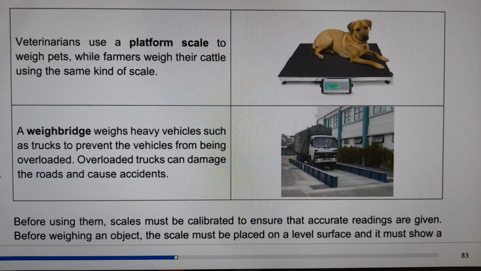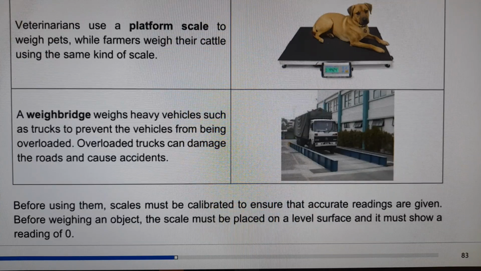Overloaded trucks can damage the roads and cause accidents. So on most of the freeways, you will see a weighbridge where only the trucks and heavy vehicles can go to that side to weigh the vehicles to check if they are overloaded.